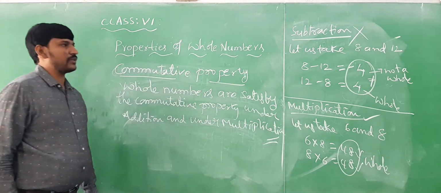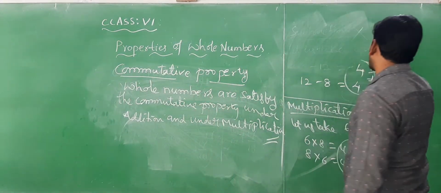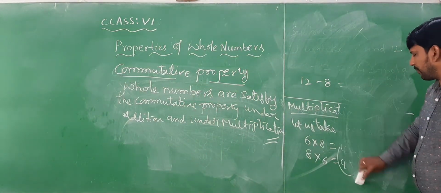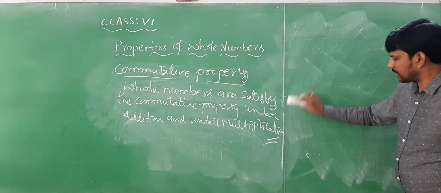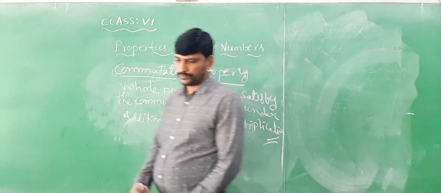Clear? Subtraction as well as division is not satisfied. This statement you need to write in your class, compulsory. And for each and every property you need to do two examples. Take your own numbers and solve it. Okay, children?